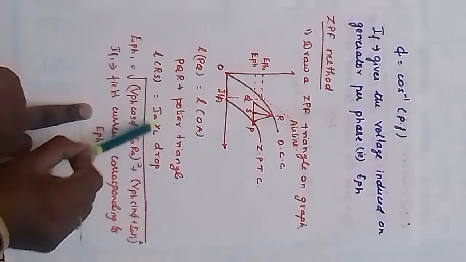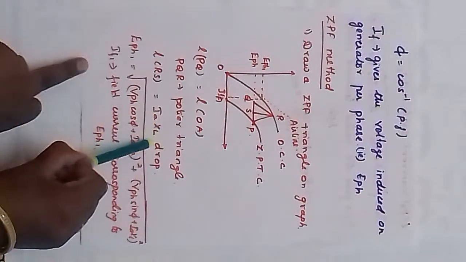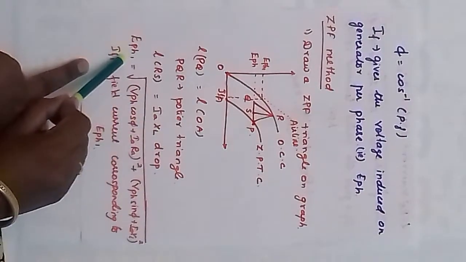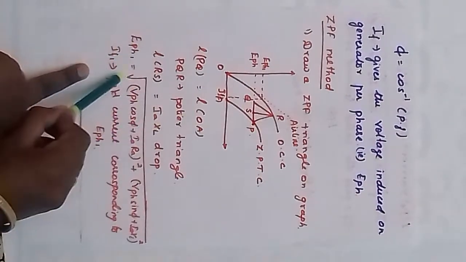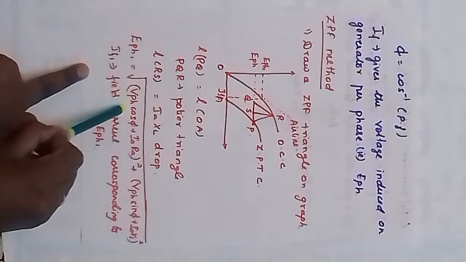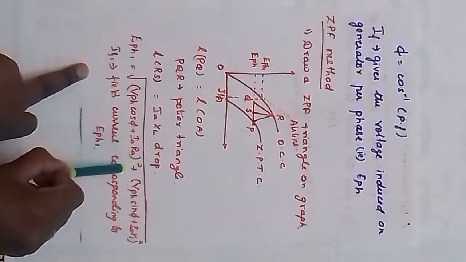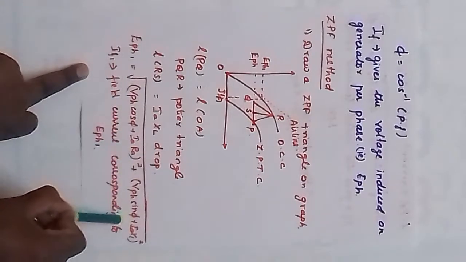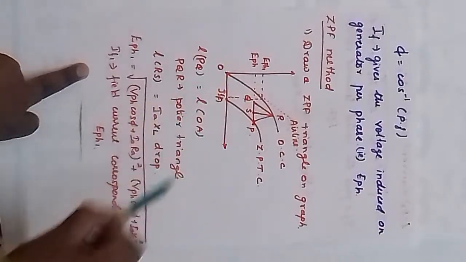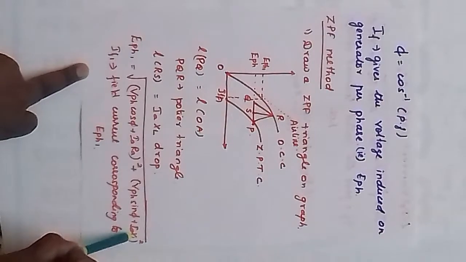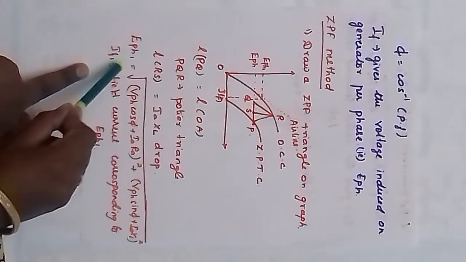So if you know the leakage reactance drop, then you can find the induced EMF per phase under leakage reactance. So the formula becomes the square root of (V phase cos phi plus IA RA) the whole square plus (V phase sin phi plus IA XL) the whole square. Instead of Xs as in the EMF method, here it is changed to XL.